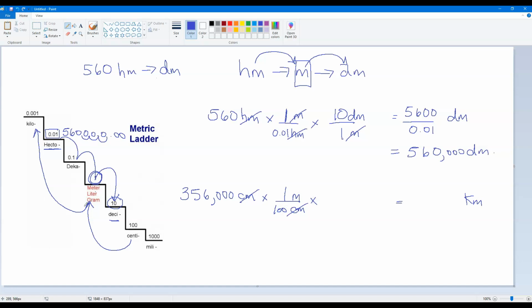Next, I'm going to go from meters to kilometers. So my next conversion factor is my meters to kilometers. Meters again go on the bottom in order to cancel it out so that I leave kilometers in my answer. And 1 meter is equal to 0.001 kilometers.